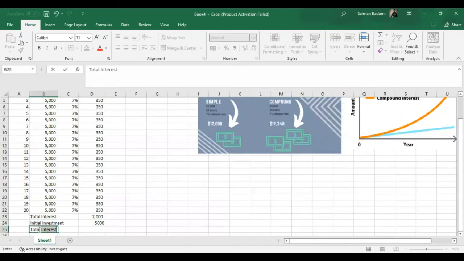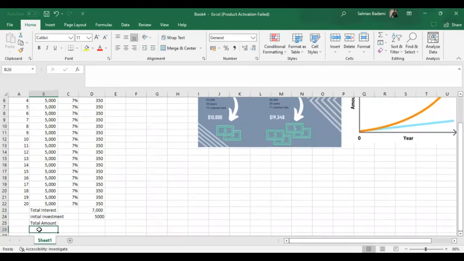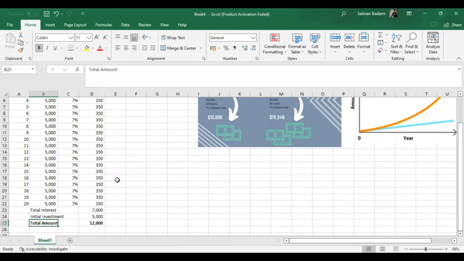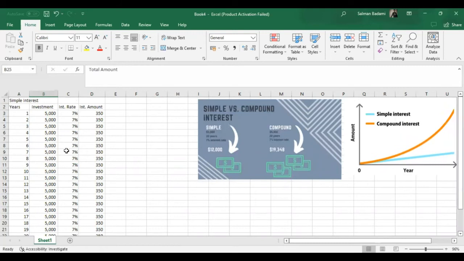And the total amount which we will get will be $12,000. So this is basically the total amount which we are getting. This is the case for simple interest. So in simple interest, we are getting the same interest every year.